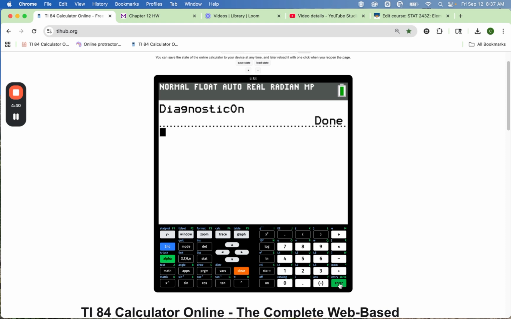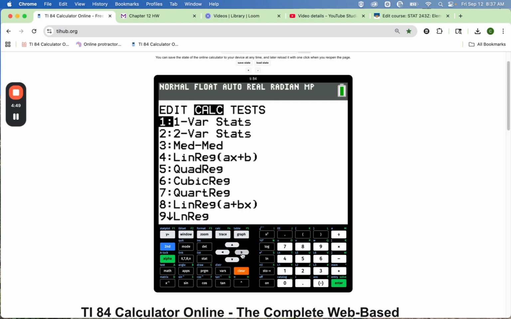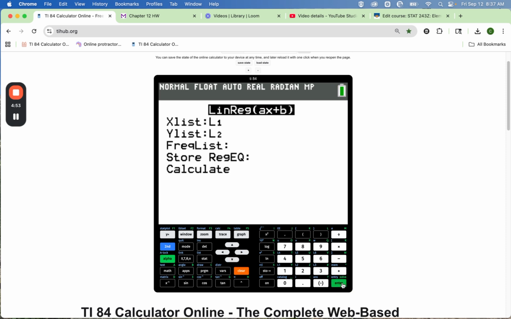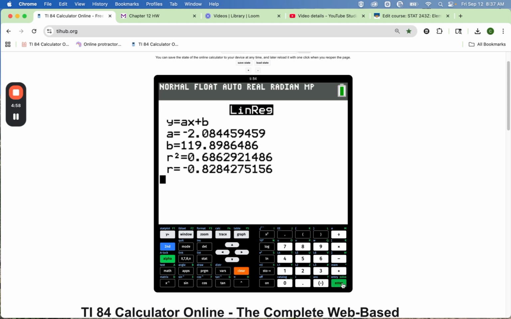So what that's going to do is it's going to tell your calculator that you want that R value. So then I'm going to go to stat calc again, and I'm going to go to LinReg again, and you're going to see that the R value now shows up. Okay, so there's my R value of negative 0.8284.